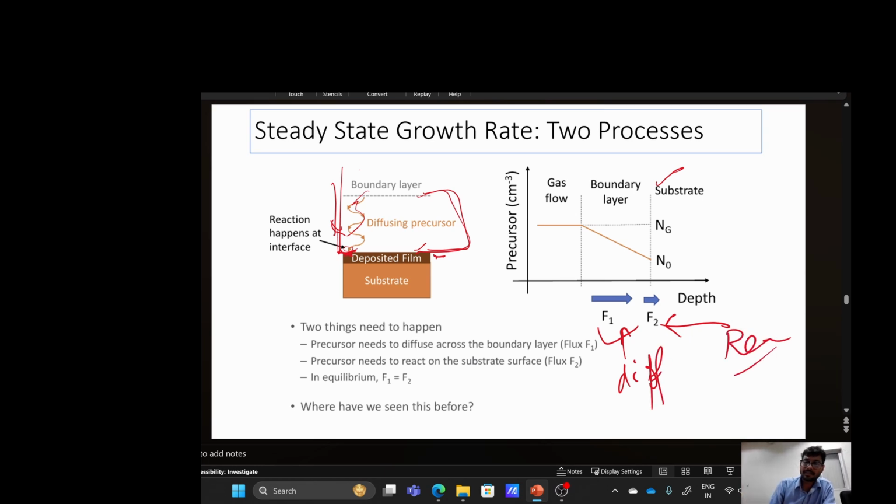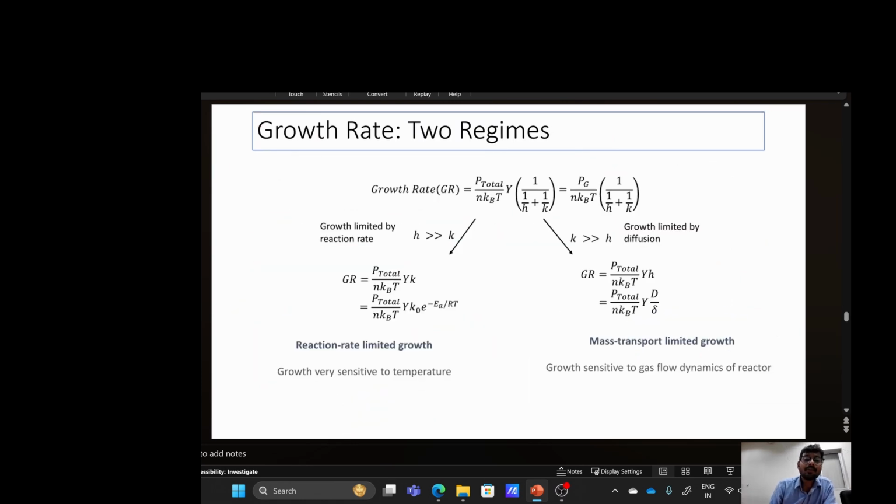F1 depends on the diffusivity of the precursor through the boundary layer, and F2 depends on the reaction rate, or reaction kinetics, of the precursor with the substrate. K is the reaction coefficient, and H is the Henry's constant, which is nothing but D by delta, where D is the diffusion coefficient.